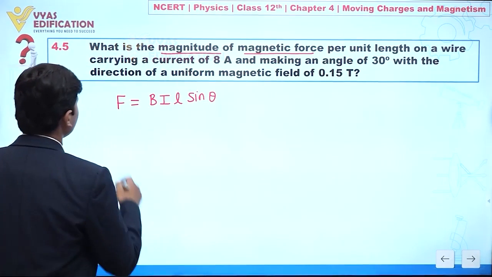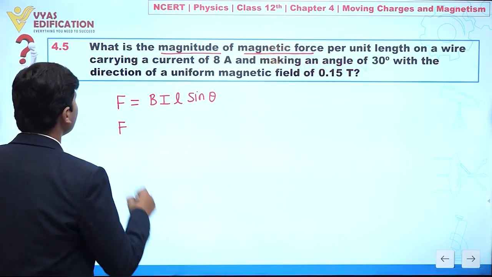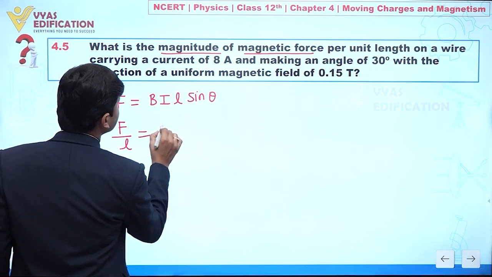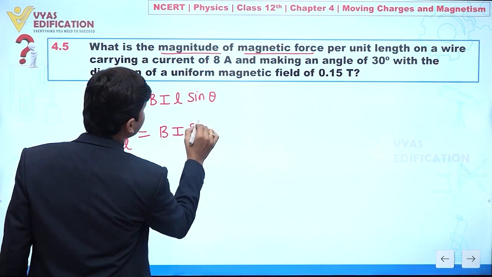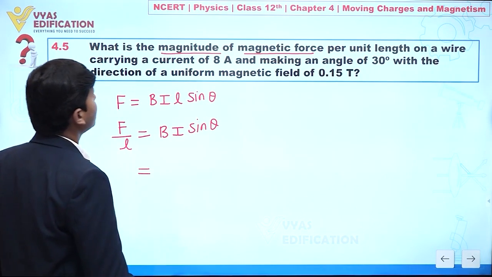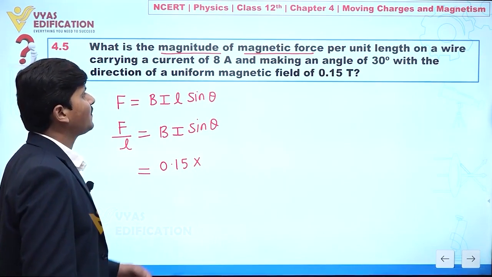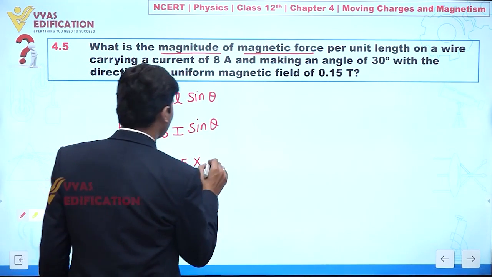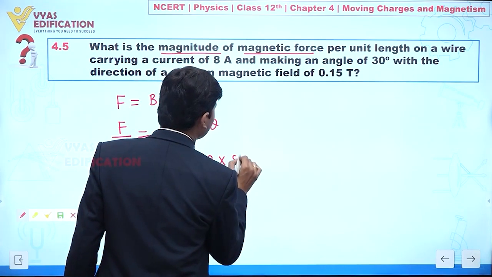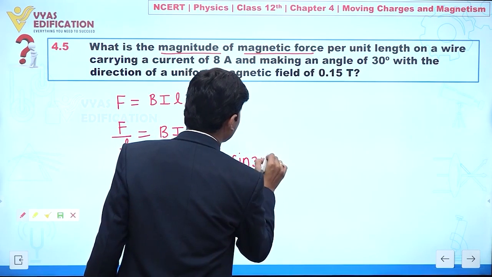Clear? Because our objective is to calculate force per unit length, I can say this is equal to BI sin theta. Clear? The magnetic field B is 0.15, multiplied by the current, which is 8 ampere, and sin theta means sin 30.